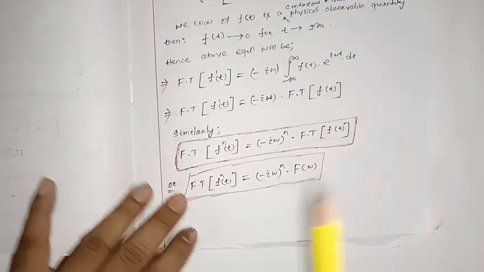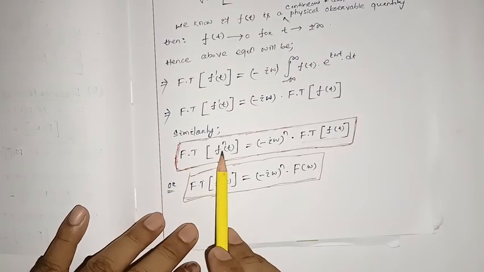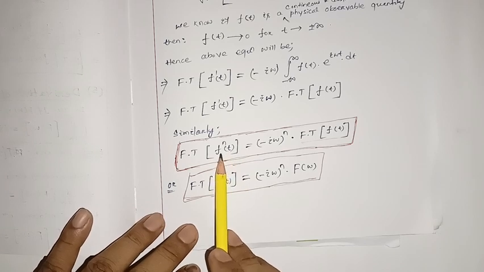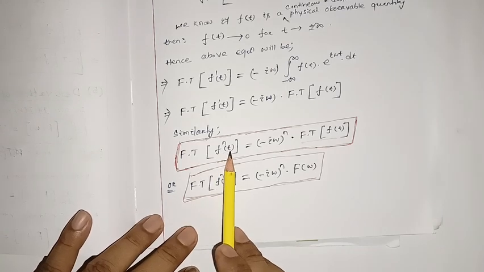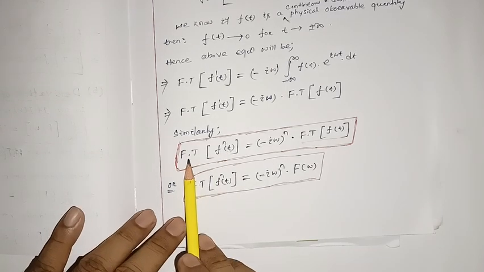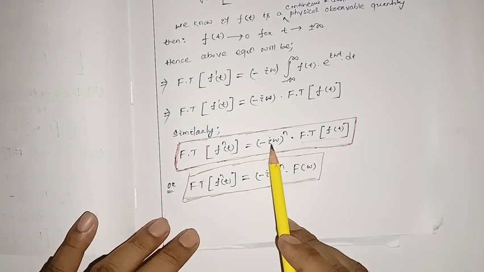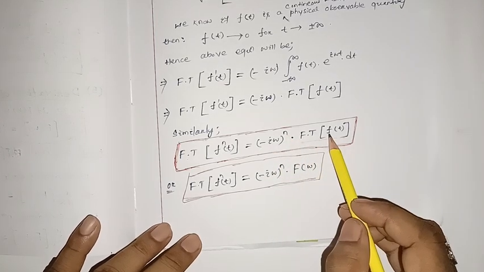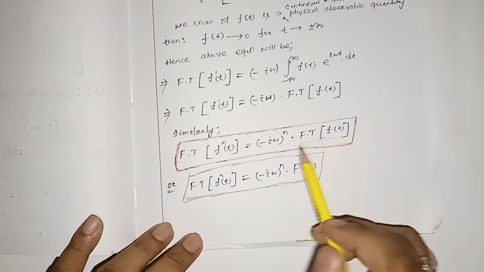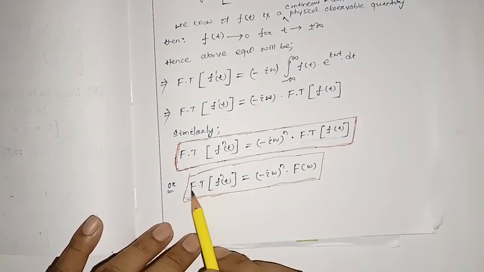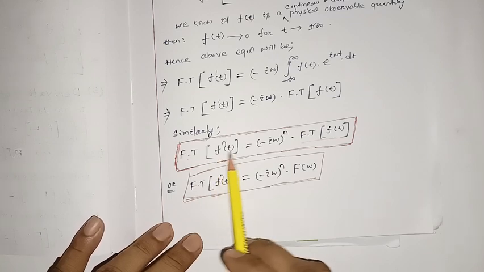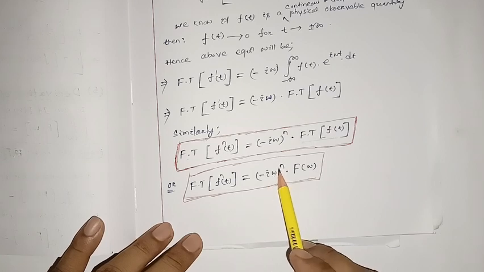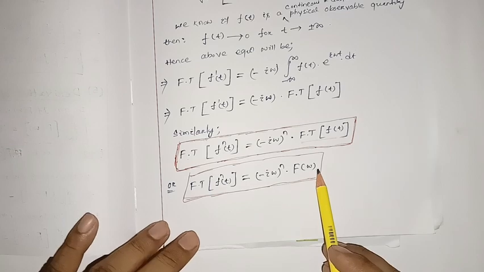According to this property, the Fourier transform of the nth derivative of a function f(t) will be equal to (-i omega)^n times the Fourier transform of f(t), that is (-i omega)^n times capital F(omega).